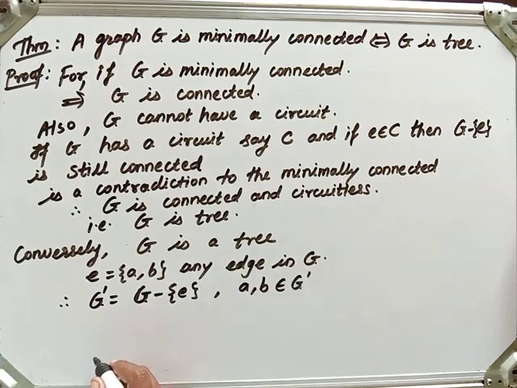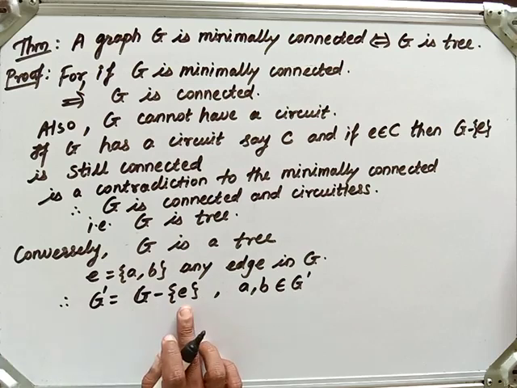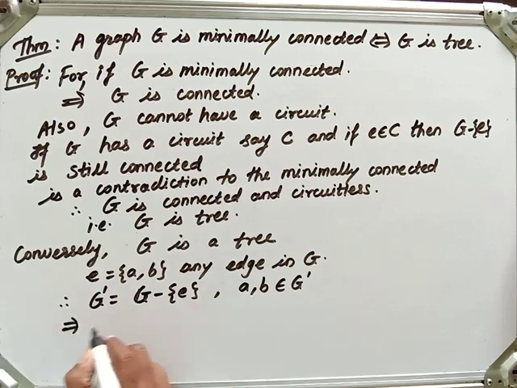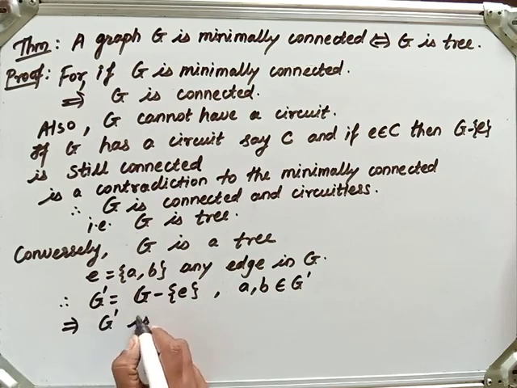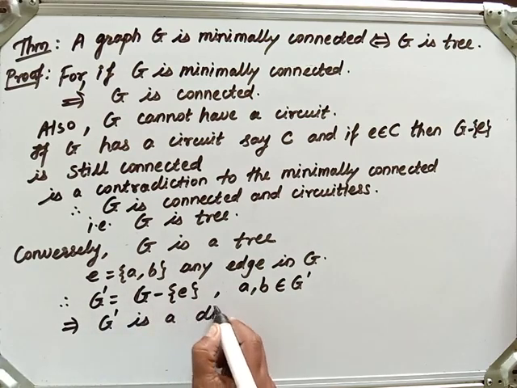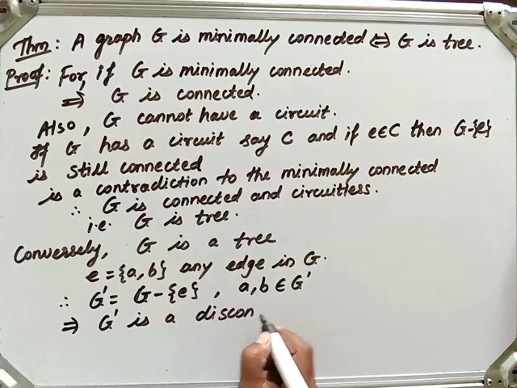If we eliminate an edge from a tree, then G dash is a disconnected graph.